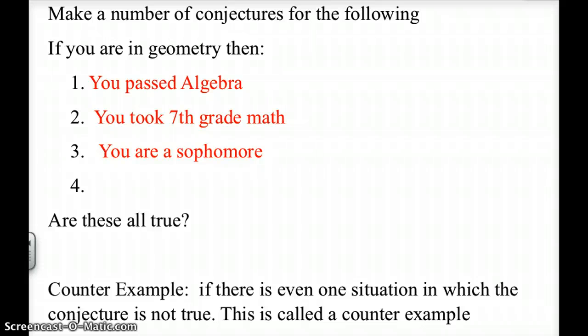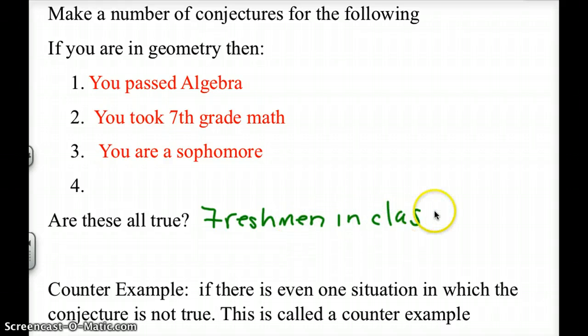Right away, as I erased them, and you're looking at them, you might be saying, whoa, wait a minute, Ms. Hefty, not all those are true. Somebody in class here is a freshman, right? Sometimes we have freshmen in our class. So then that makes this statement false. Statement 3 is false.